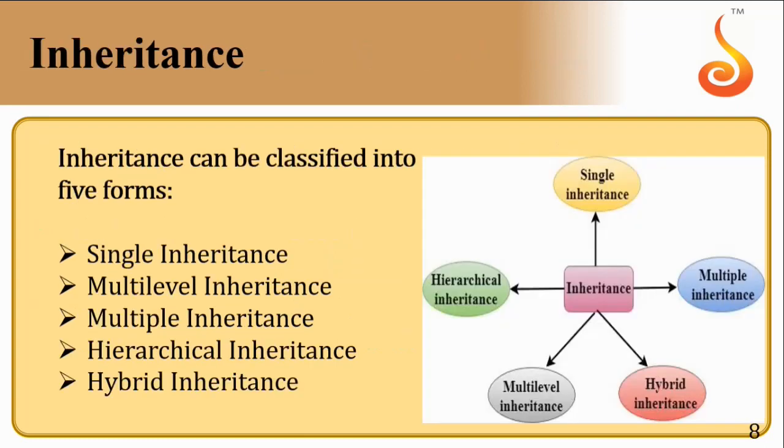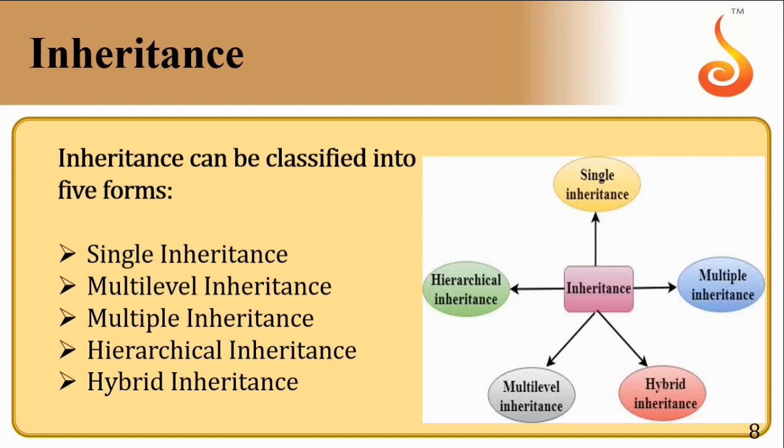Next, this is a normally asked question. What are the different types of inheritance or forms of inheritance? The different forms of inheritance are single inheritance, multi-level inheritance, multiple inheritance, hierarchical inheritance, and hybrid inheritance. Most of the time this question is asked: what are the different types of inheritance, and explain any one of them.